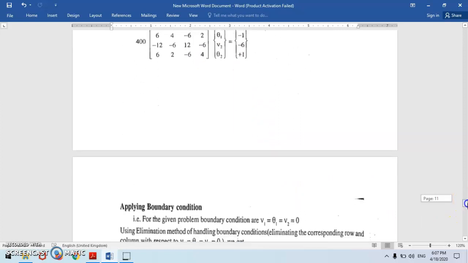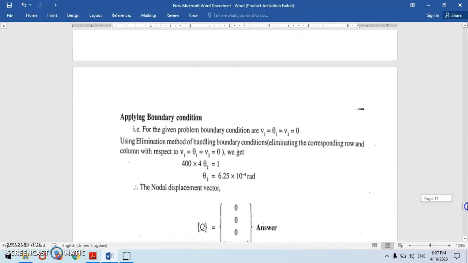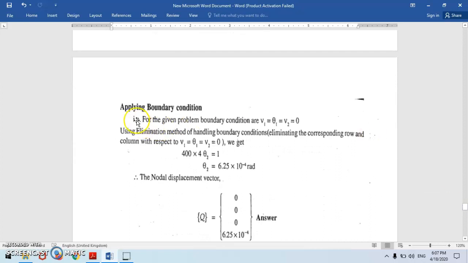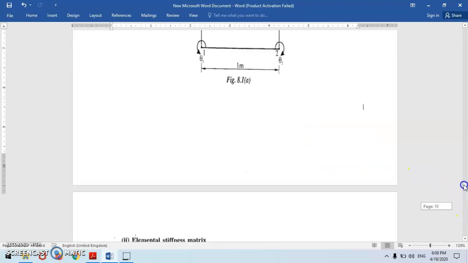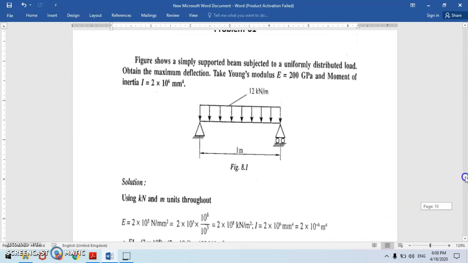The next step is an important step where we apply the boundary conditions. While applying the boundary conditions, we need to see how exactly the beam is given here. Boundary conditions are nothing but, here it is hinged, where V1 as well as theta 1 are 0.